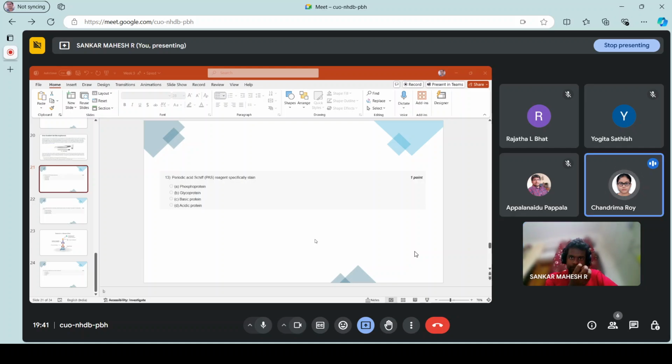It oxidizes whichever molecule it acts on. Schiff's reagent works in the staining part, and it is a composition of an aniline-based fuchsin stain and a sodium salt.